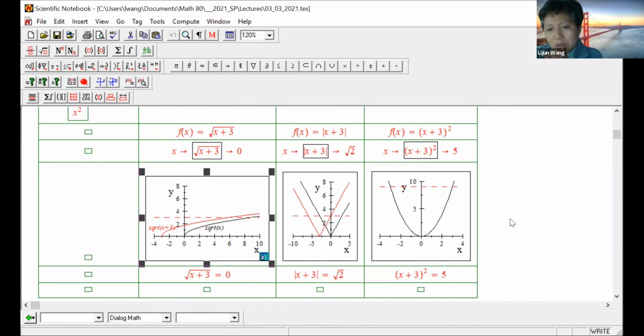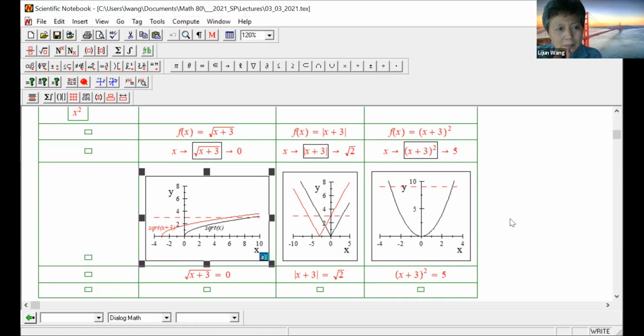You guys are telling me to the right. Think again. Is it shifted to the left or shifted to the right? Come on, guys. Are you guys there?